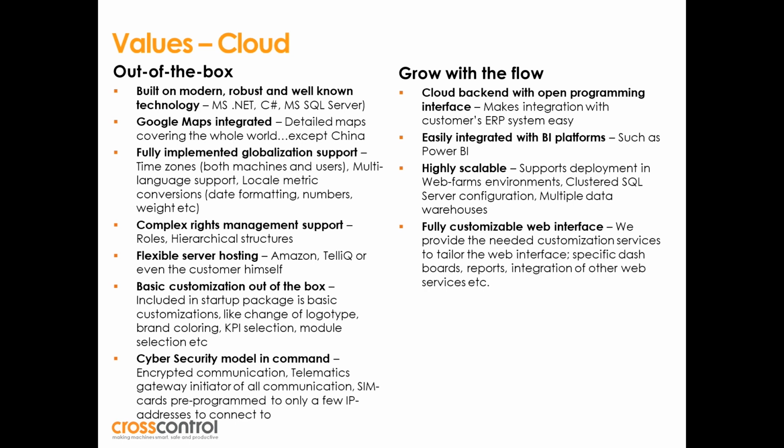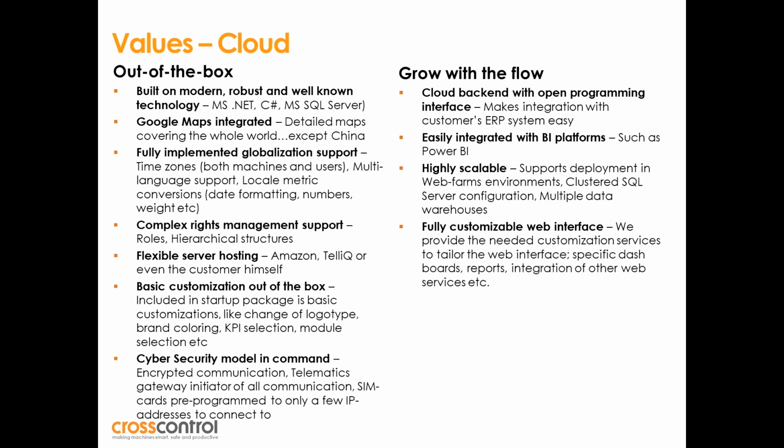Cybersecurity is one important thing, of course, and depending on what you want to do, we can encrypt the communication. And one other, let's say, architectural strategy is that we have limited it so that it's the telematics gateway that is the initiator of all communication.